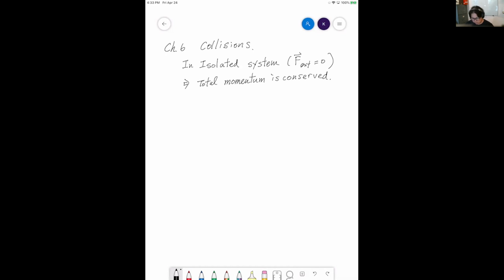But typically, you might have some external force. Is it really no external force? How about gravitational force?